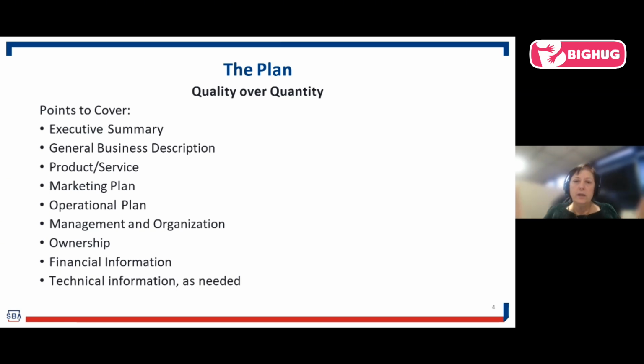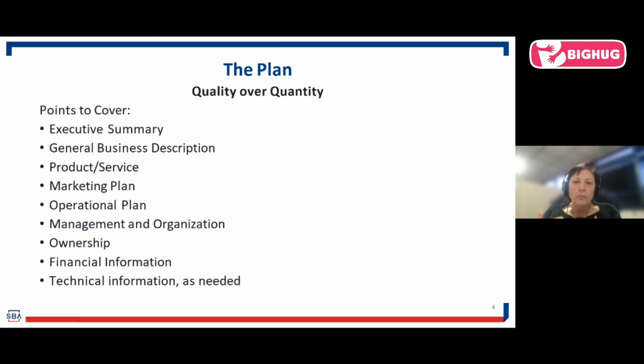So when you're thinking about that, what I want you to understand is describing your business. This is your opportunity to take what my business does from the executive summary, and really expand out and talk about what products or services you're going to be selling in your community to your client base.